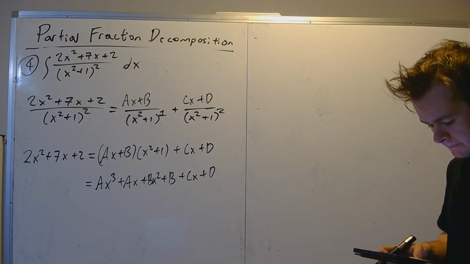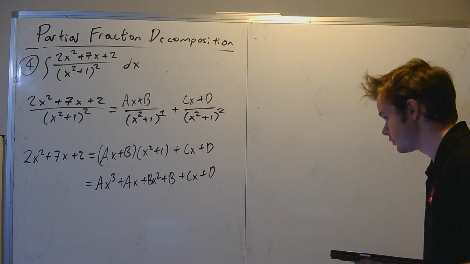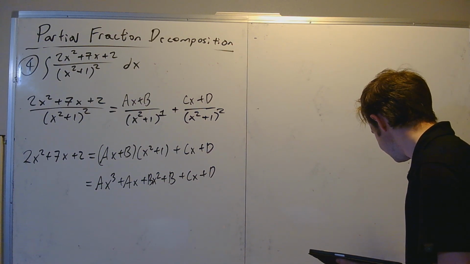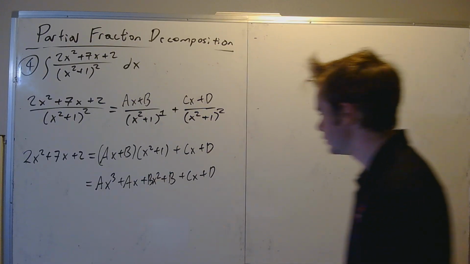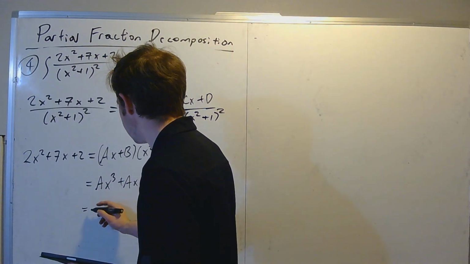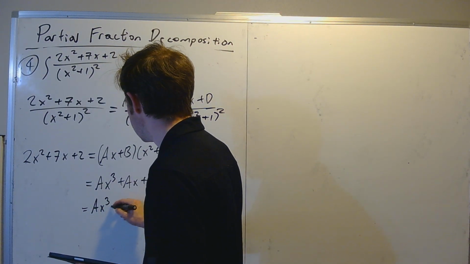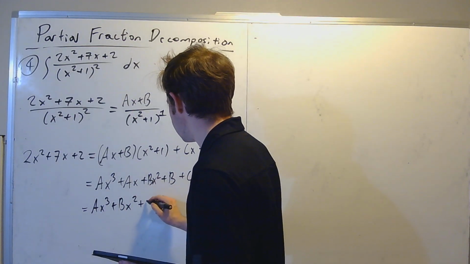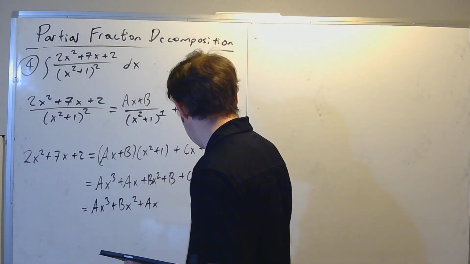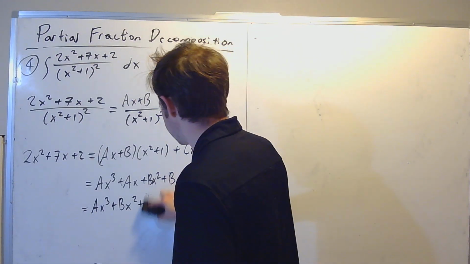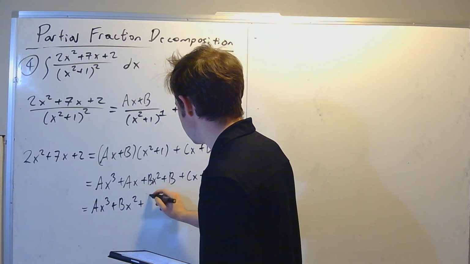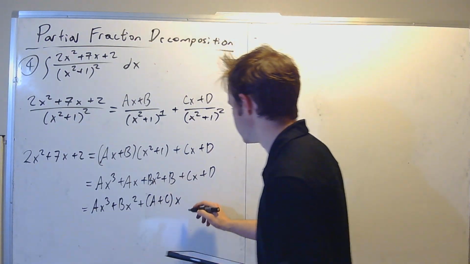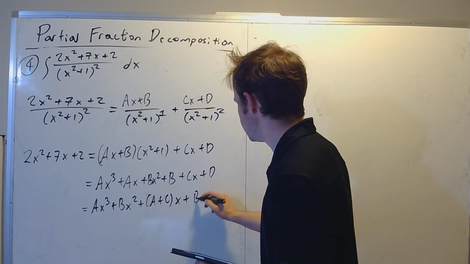Okay. And now we can just collect like terms, right? So we can rewrite this as, let me just rearrange things. If I rearrange things, then we're going to have a times x cubed plus b times x squared plus a plus c times x is what I meant to write, plus b plus d.